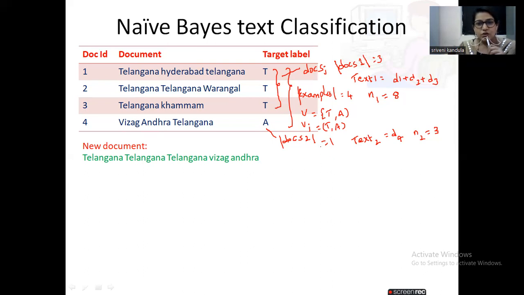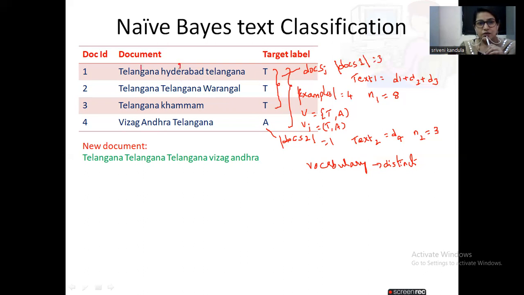Let us also cover one more term, that is vocabulary. Vocabulary is all the distinct tokens from the given documents. Here you should not forget the word distinct. That means if any word is repeated twice, we will not collect it again. So let us see the vocabulary first and count as well. Telangana appeared for the first time, so let us mark it as 1.